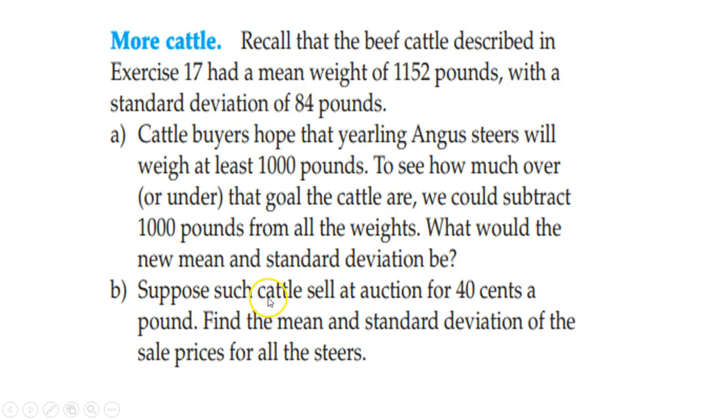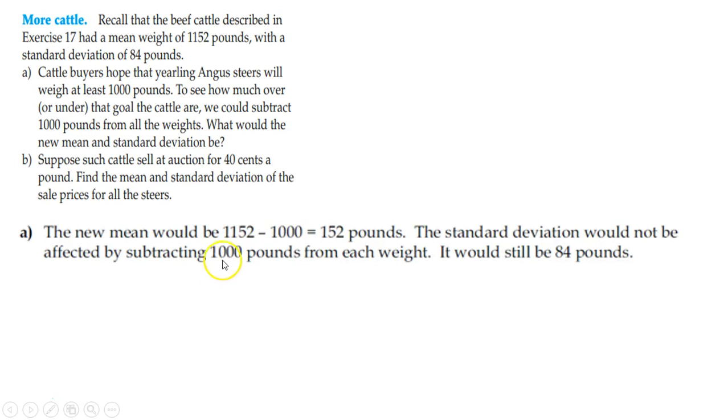Remember what changes when you add or subtract from everything. Things to remember. And suppose such cattle sell at an auction for 40 cents a pound, find the mean and standard deviation of the sales price. Now I'm multiplying each pound by 40 cents, so now everything changes. So these are things to remember.